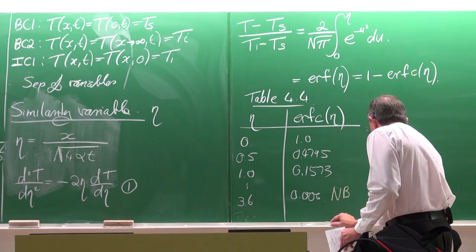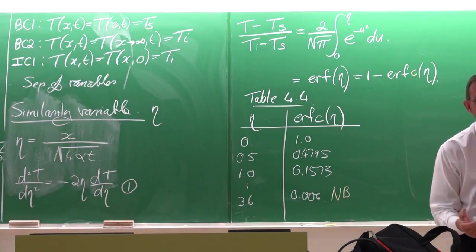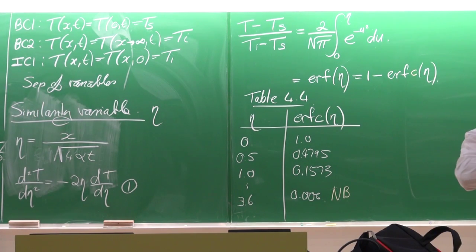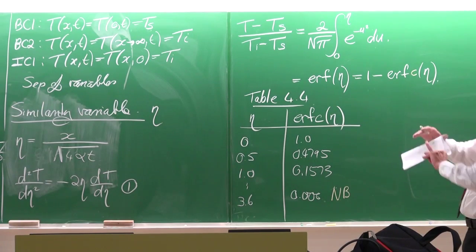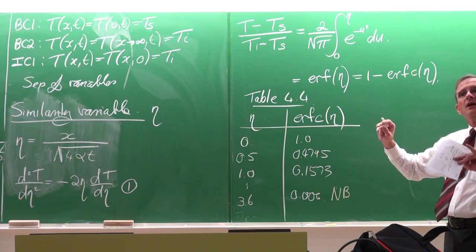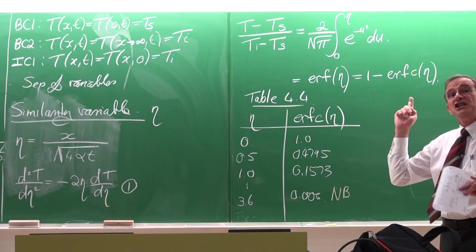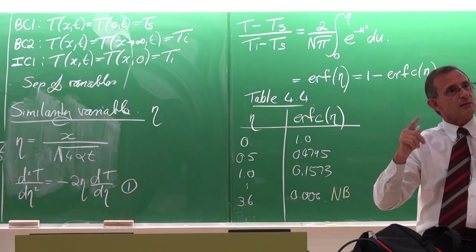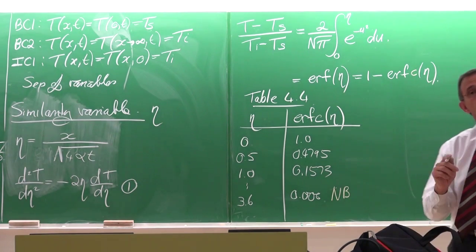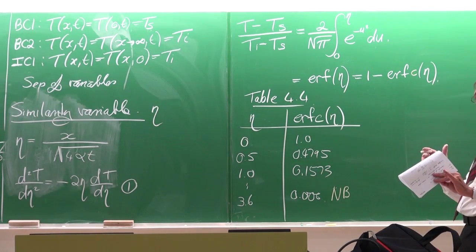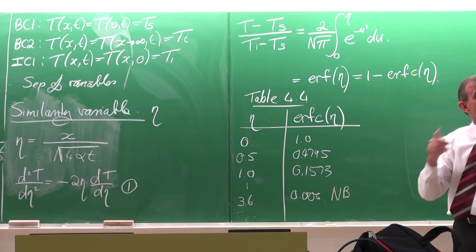Because when I'm going to give you problems to solve in the test and exam, in some cases you're going to end up with quite a complicated formula that you will have to solve in terms of this error function. Okay. And it will have different terms. And the easy solution in many cases is somebody that observes what is going on there. Because it will be very easy to see that in some cases your eta is very high.